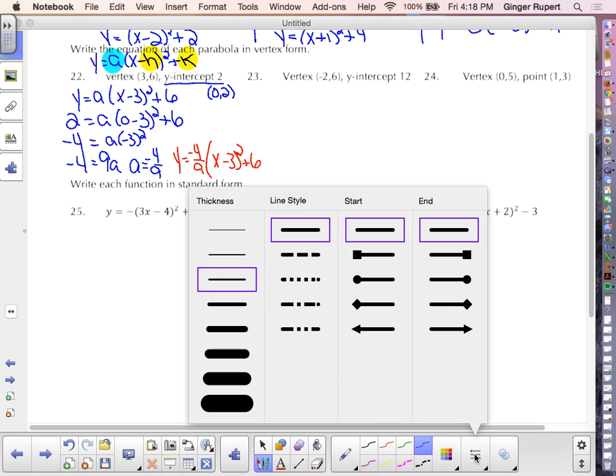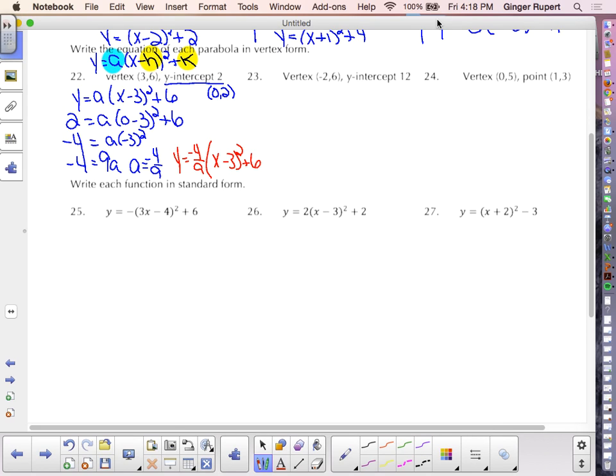Let's look at another. So again, I have the vertex. I'm going to substitute that in. So (x plus 2) squared plus 6. I have a y-intercept at (0, 12). I'm going to go ahead and substitute that in. 12 is equal to a times (0 plus 2) squared plus 6. Subtract the 6.